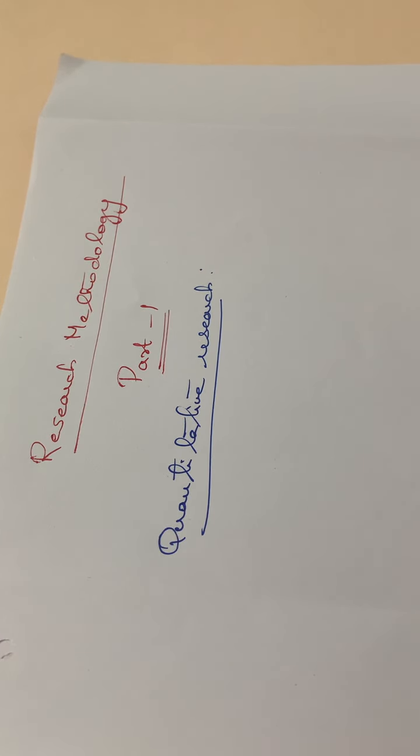And in the case of science, mostly we will be dealing with laboratory experiments, using certain controlled conditions. That means in the lab we are doing experiments at a particular temperature or at a particular pressure. We are maintaining some conditions for doing research in the lab, isn't it?